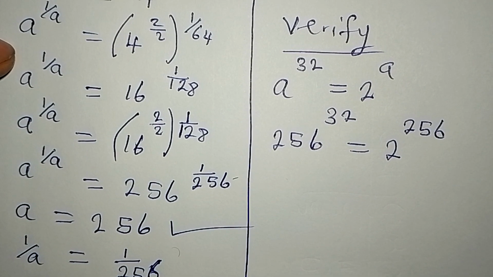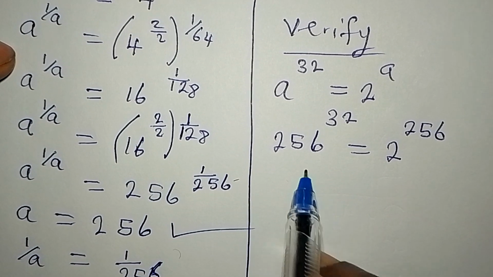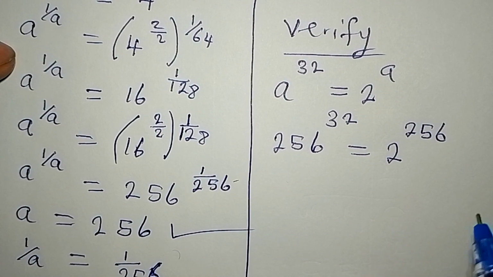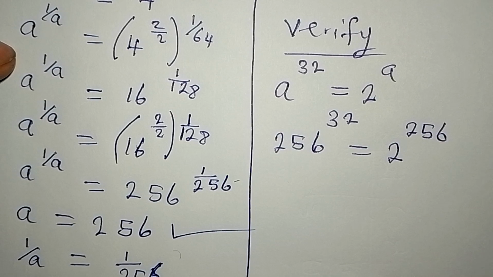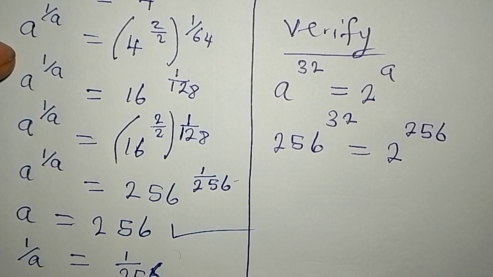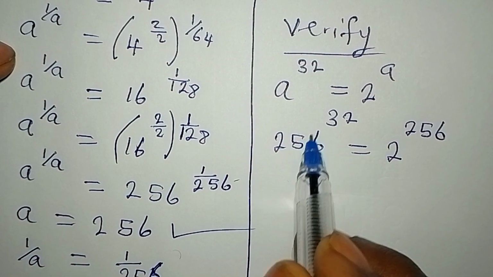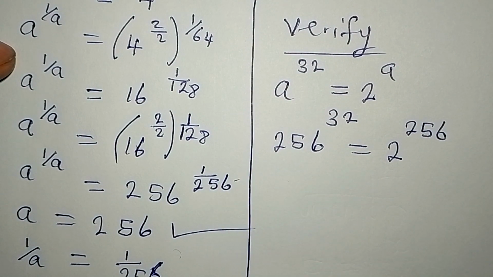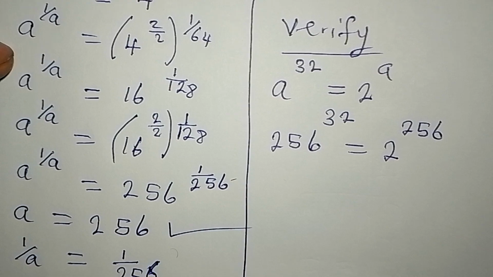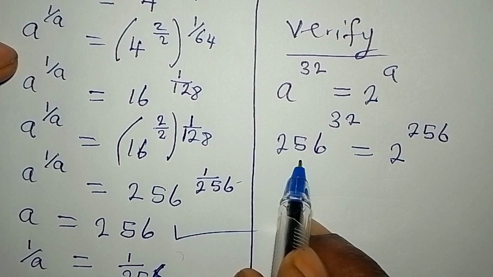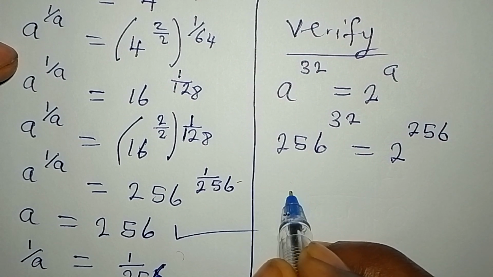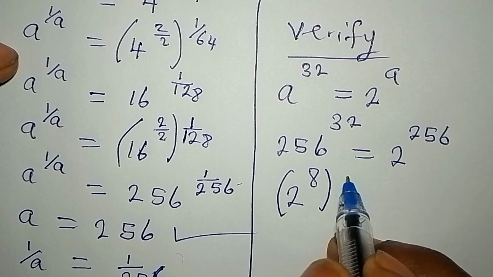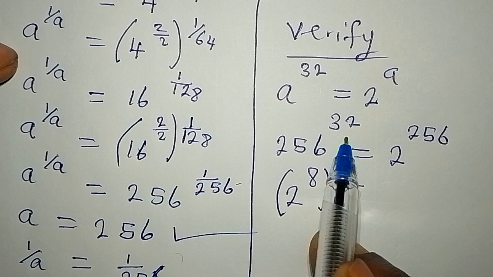Okay, let's keep trying. Mind you, 256 here can be written as 16 to the power of 2. Even if we don't want to write this as 16 to the power of 2, we can still write this to have 2 as the base, and that will do very quickly. 256 is the same thing as 2 to the power of 8. Then we have the power of 32 on the left.